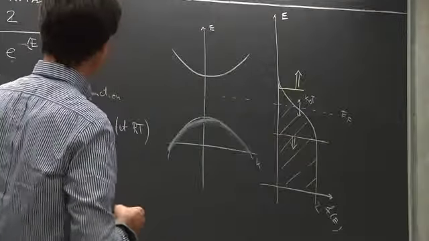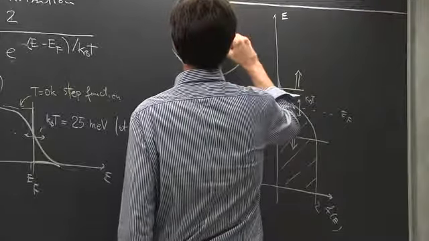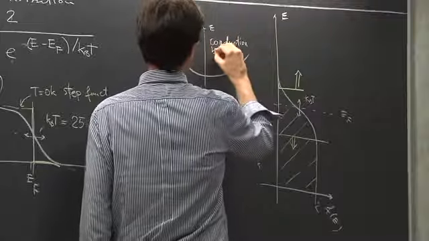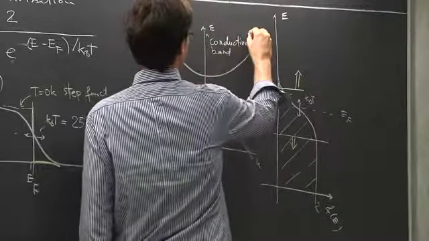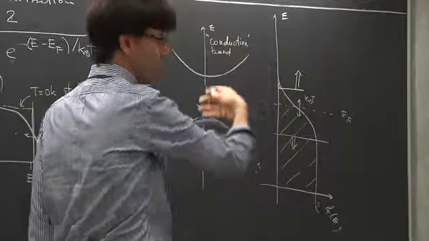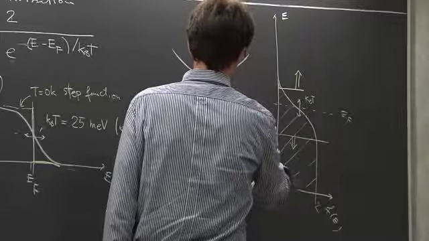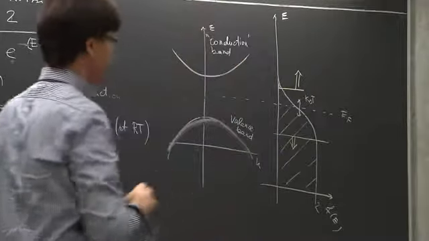Actually, let me give it a name. In the language of semiconductors, this band here goes under the name of conduction band, for reasons that will be clear in a minute. So this is the so-called conduction band, the one right above the Fermi level, and this one is called the valence band, the one right below the Fermi level.